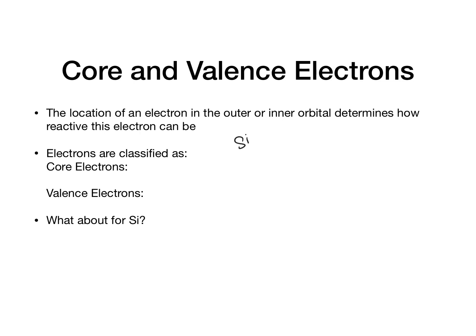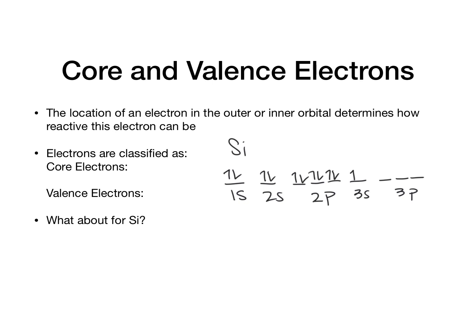Whoops, that's not how we draw that. So silicon is Si, and so we have the 1s, the 2s, 2p, 3s, 3p. So we're going to put in our electrons. We look like this.